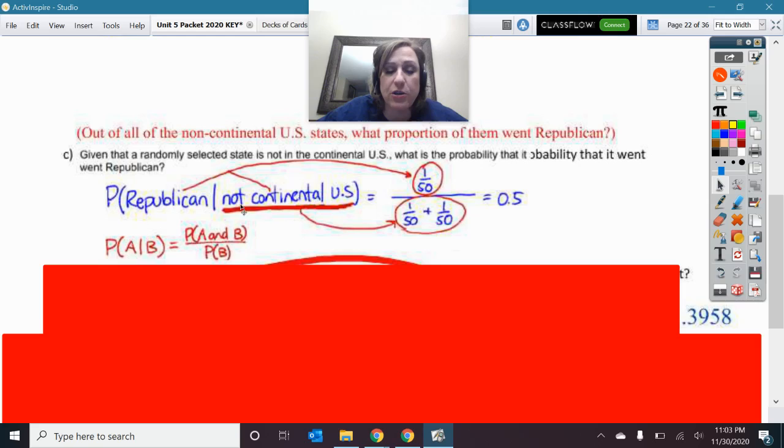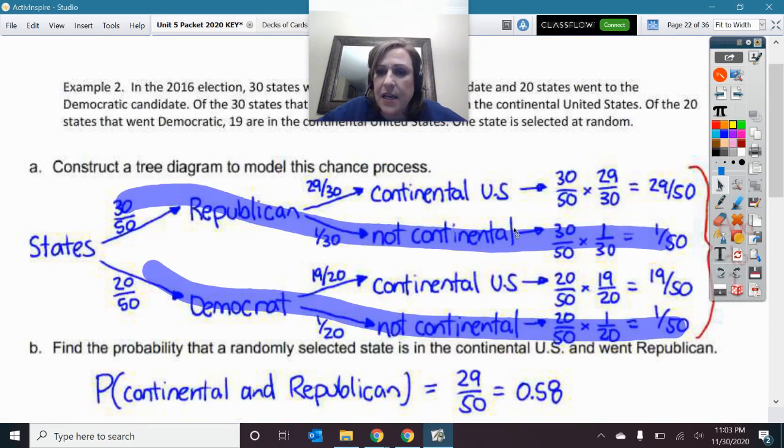So both of those, the Republican and non-continental, was one of those pieces, that top piece. This 1/50th out of the total 2/50ths.